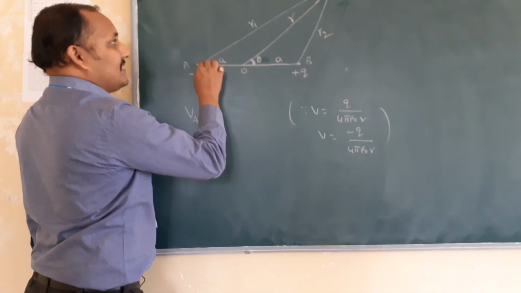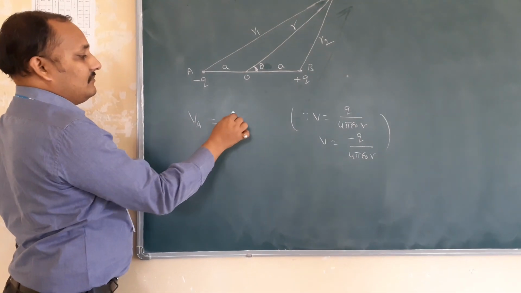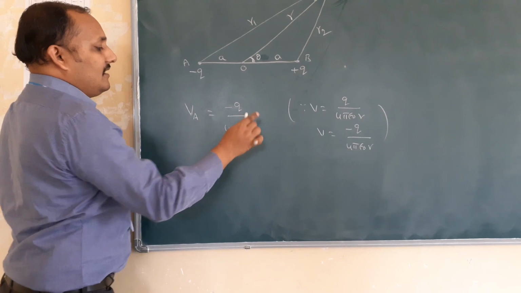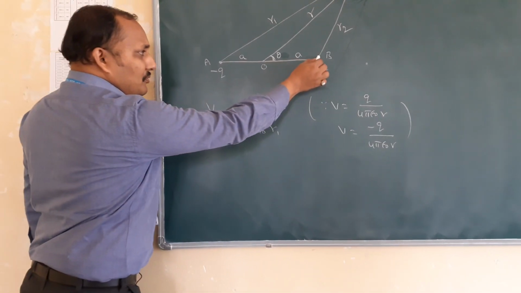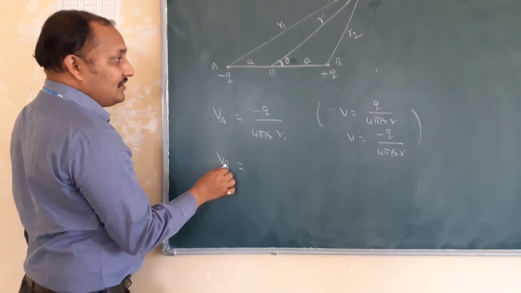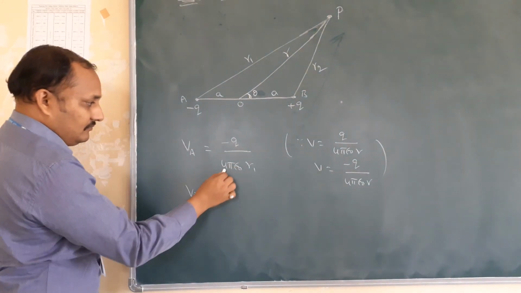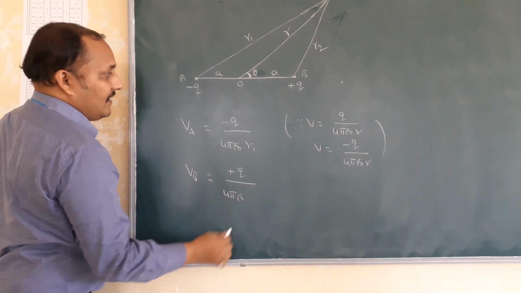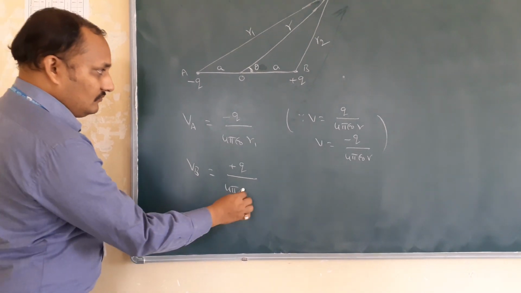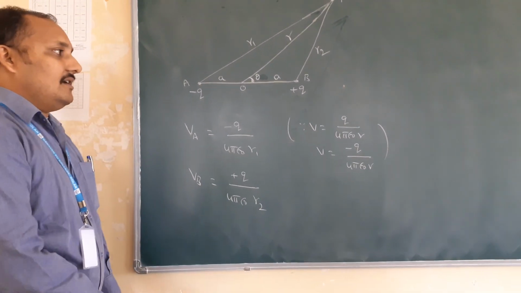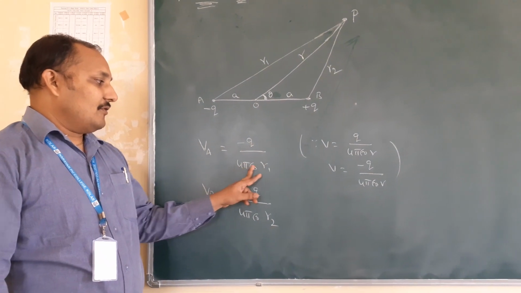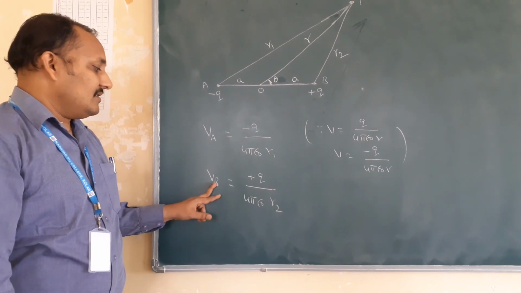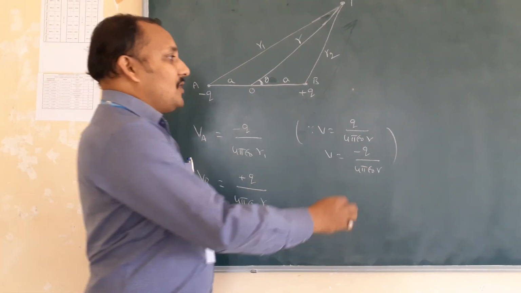Here r means the distance from A to P, that is r1. Therefore VA is minus q by 4 pi epsilon naught r1, that is the potential due to A. The potential due to B at point P is plus q by 4 pi epsilon naught r2. This is the potential due to B. Now what is the potential at point P?